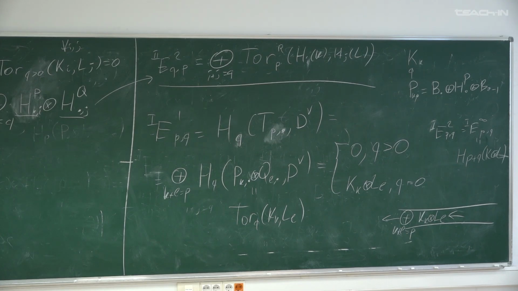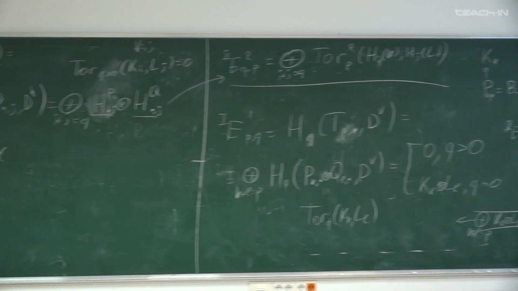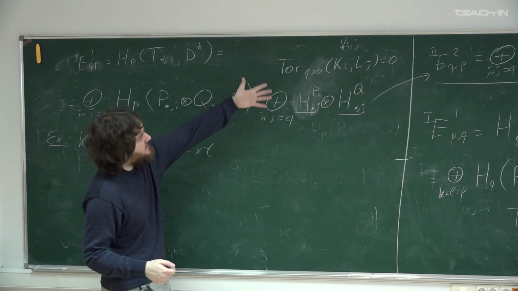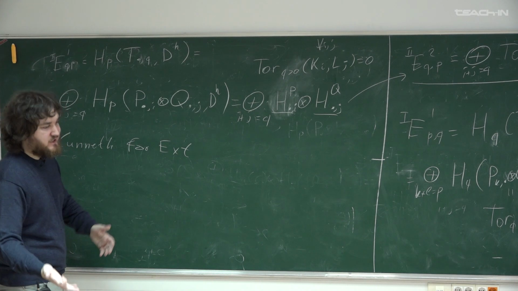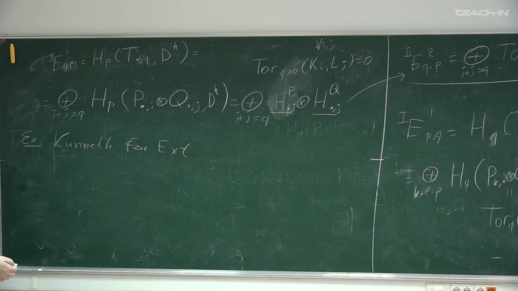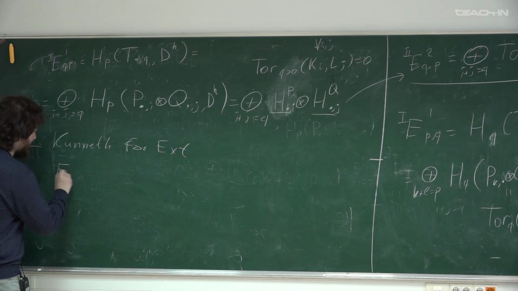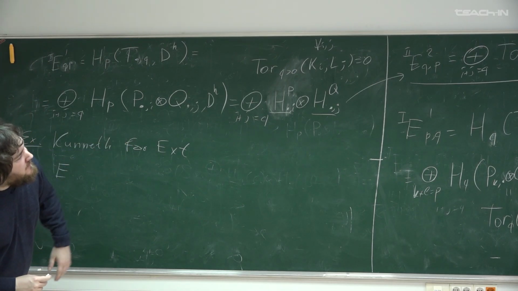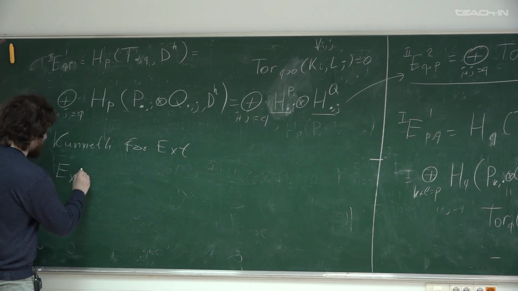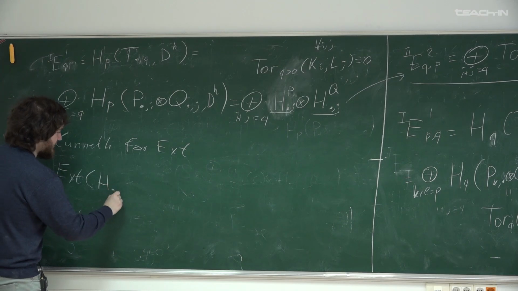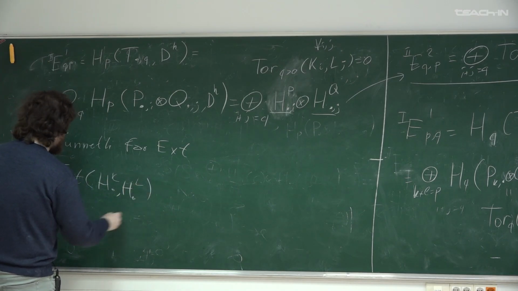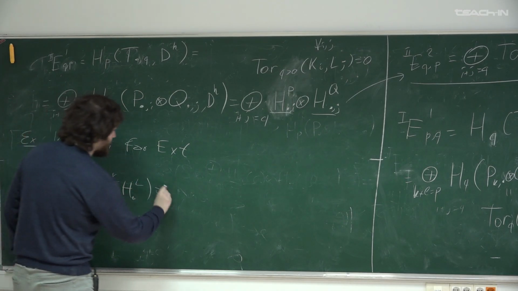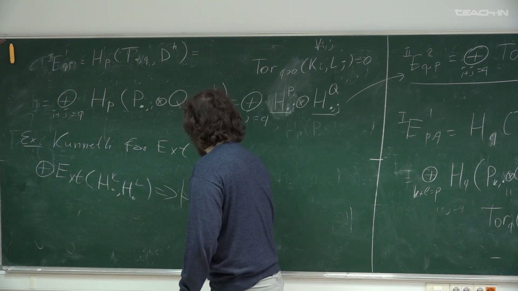Kunneth for Ext. If you have two chain complexes such that maybe the Ext are 0, so one of them injective, or for example another is projective, then you have a spectral sequence consisting of Ext between homologies of K and L, and some direct sum, which converges to the homology of Hom.